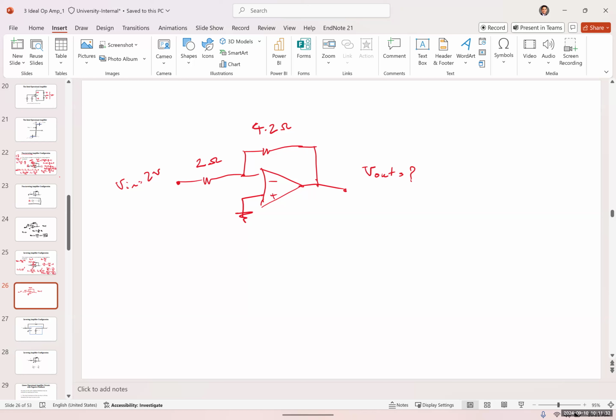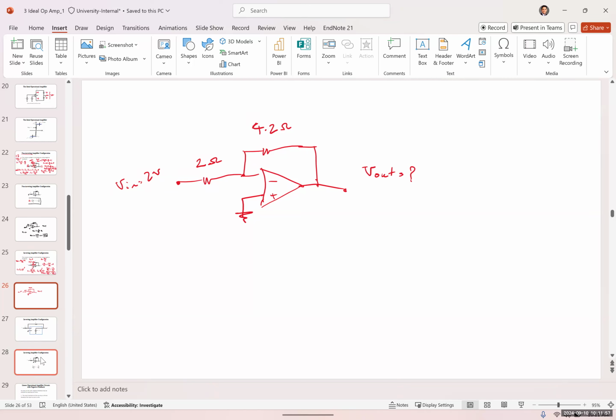R1 is 2 ohms. R2 is 4.2 ohms. I'm just going to go back to the equation.